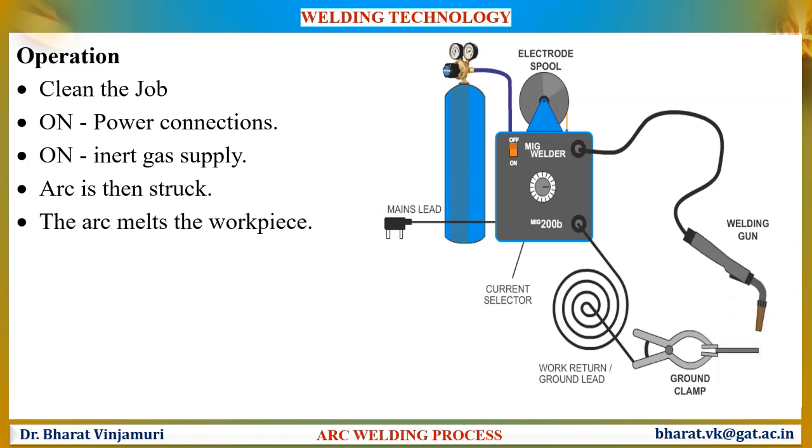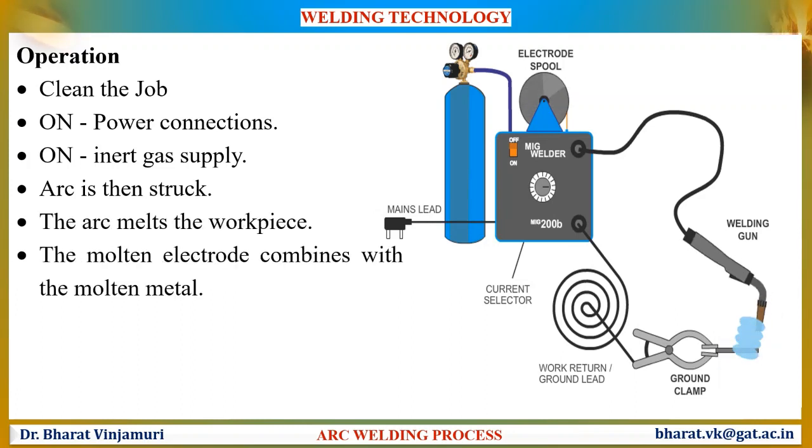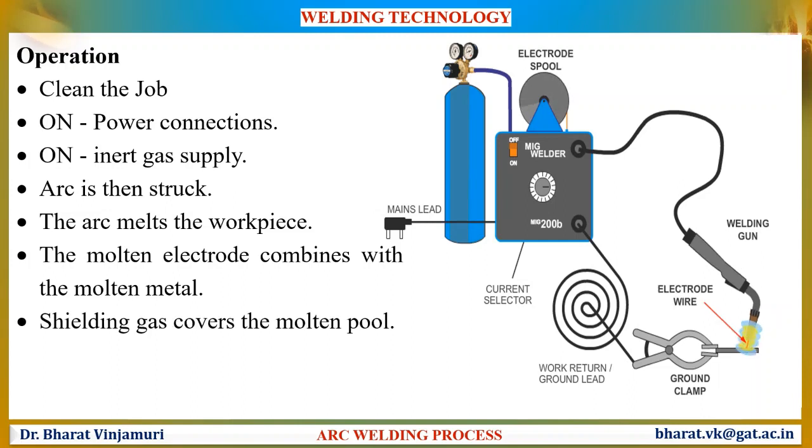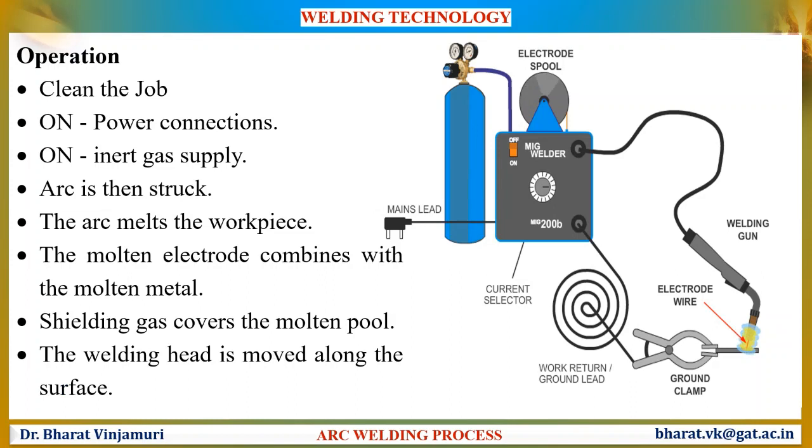The arc starts melting the workpiece along with the electrode. The molten electrode then combines with the molten metal and fills the gap between the two metals. Simultaneously, the shielding gas covers the molten pool. The weld head is moved along the surface to finish the weld.